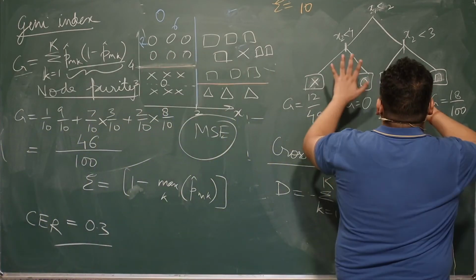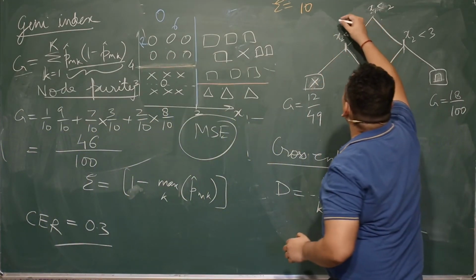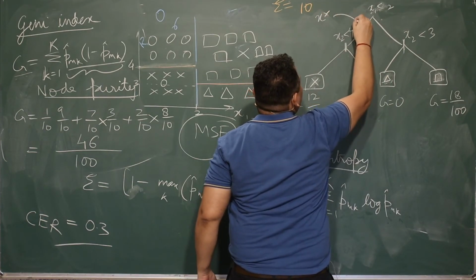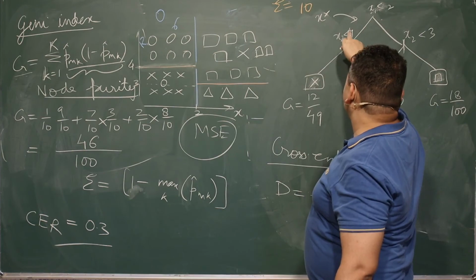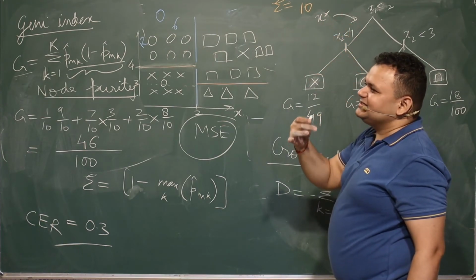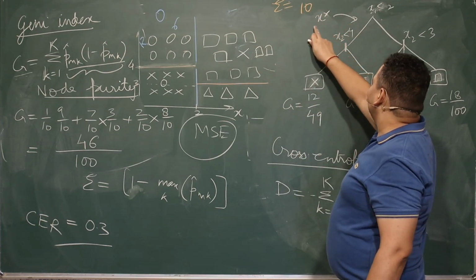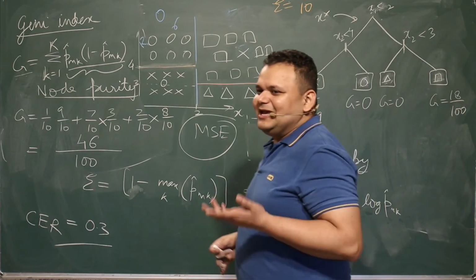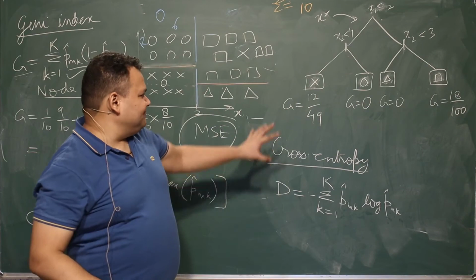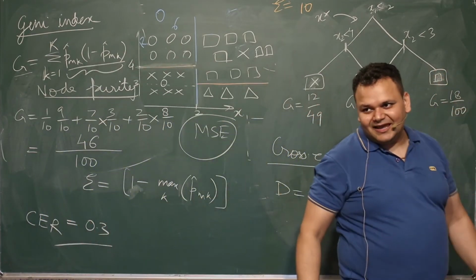So after making the tree, let us say there is an unknown data point, x star, which contains x1 and x2. Okay, x star is a vector containing 2 values. If x star is fed into this particular tree, what is the prediction for x star going to be? It will be one of these 4 values.